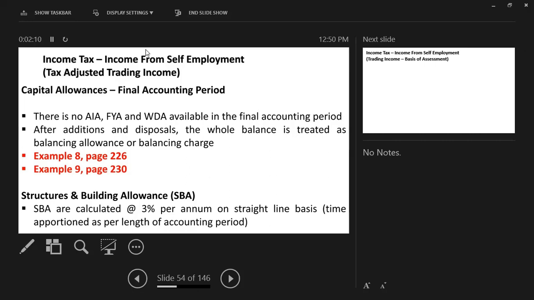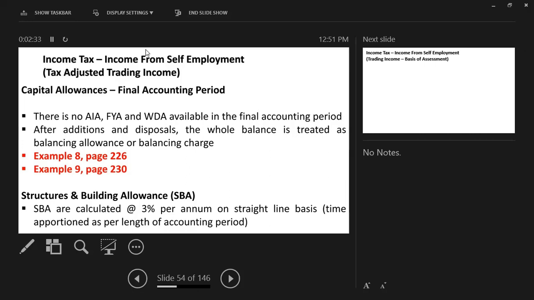But sorry, not 10%, 3%. It's not calculated on the life of the asset. It is calculated at 3% on a straight line basis. So if the cost of the asset is 100,000, we'll take 3% of 100,000. That is 3,000.